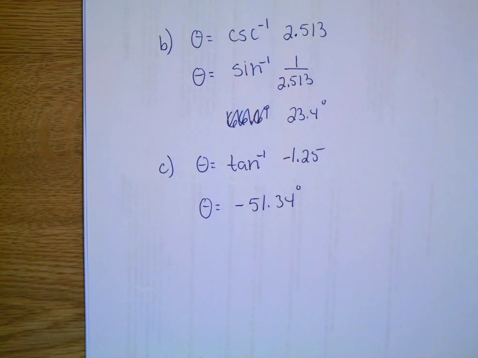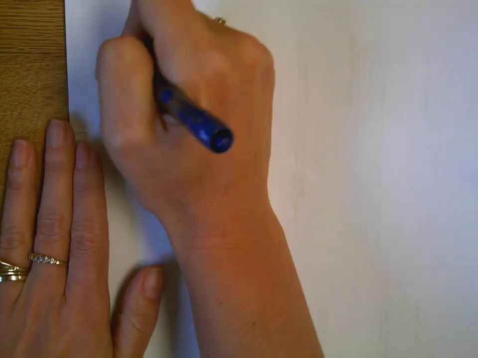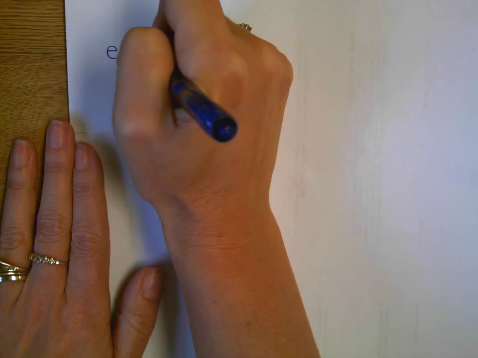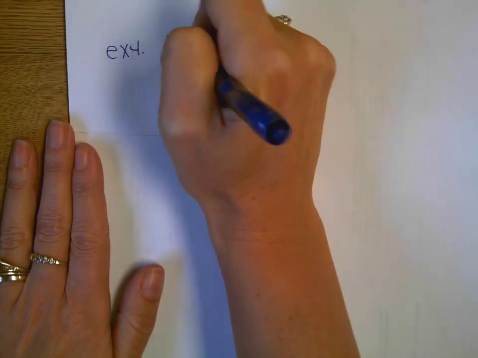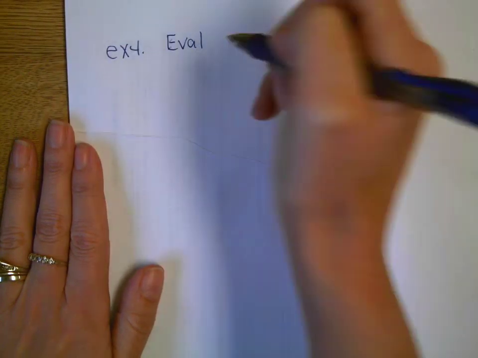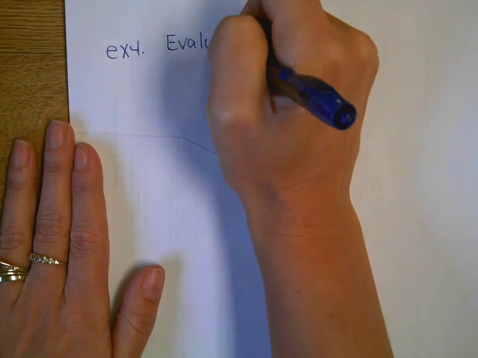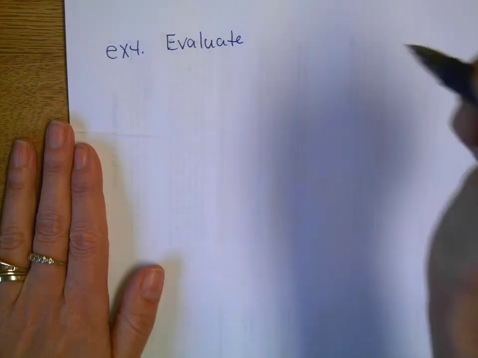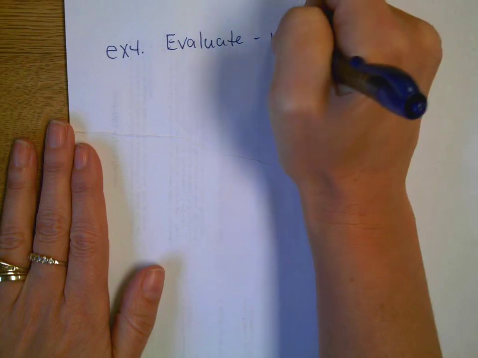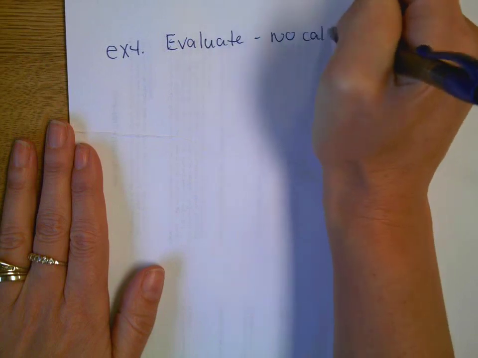Work smarter, not harder. All right, now we're going to switch gears. We've got one last thing to do. Is this about as big as the last two? Well, there are 4 parts here. I've got 4 examples, so you can go a little bit longer than that. No calculator.